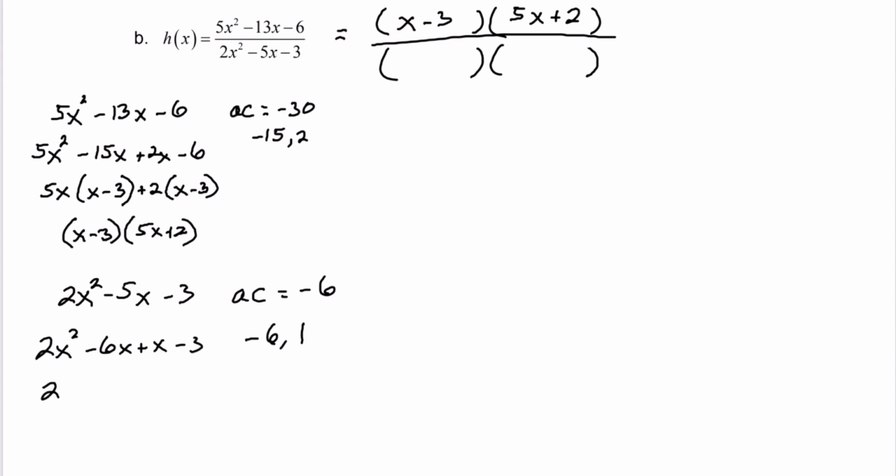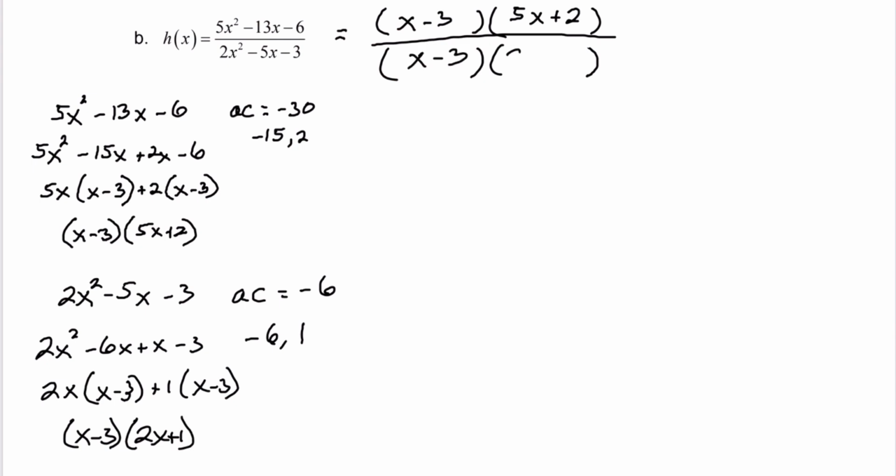Pulling out the GCF, we get 2x times x minus 3, then 1 times x minus 3. Continuing to factor, we get x minus 3 times 2x plus 1. We'll put that in the denominator.